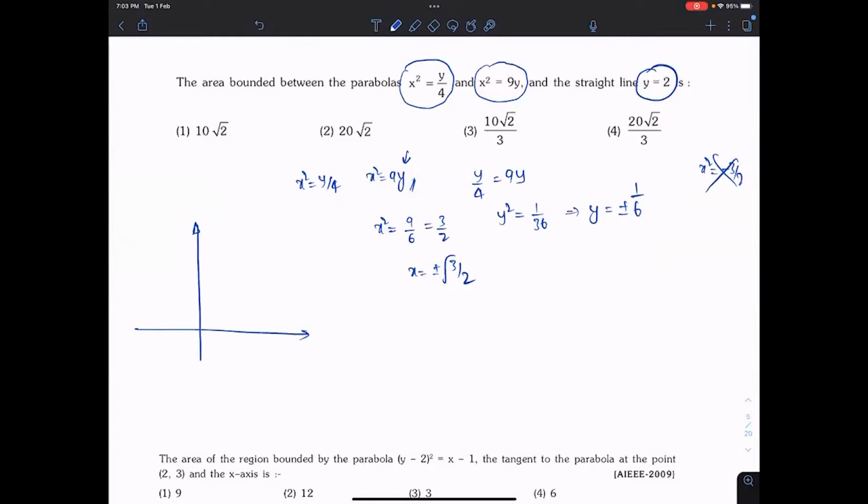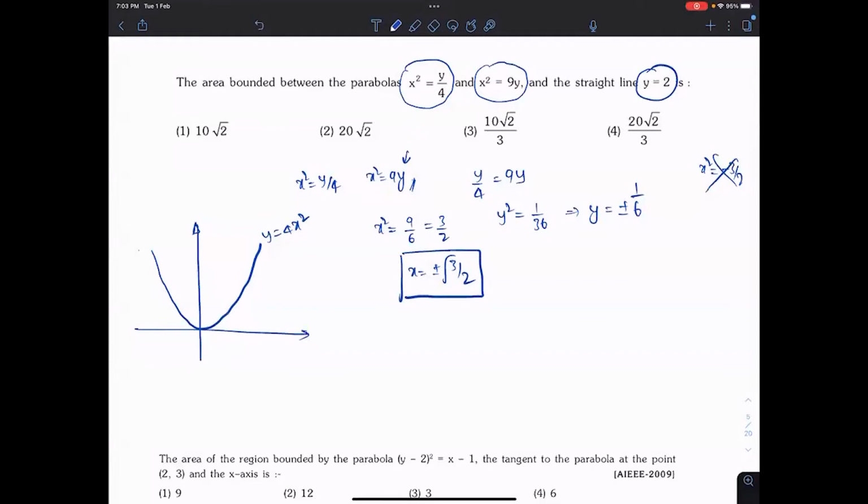Now, these two, if I draw, one is y equals 4x square. Other one is y equals x square by 9. Now, these two graphs, what information are we getting? They are intersecting or not intersecting? When x is root over 3 by 2, both the y coordinates are the same. That is what we are getting, no?